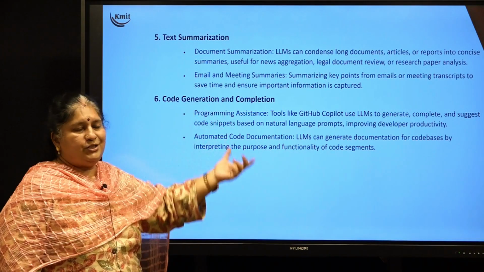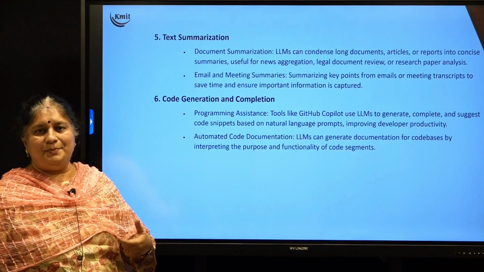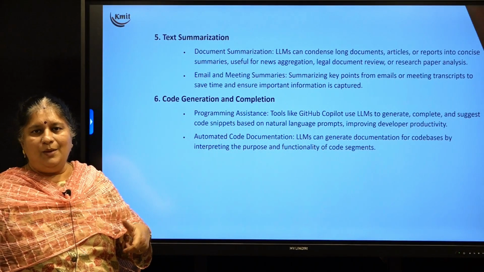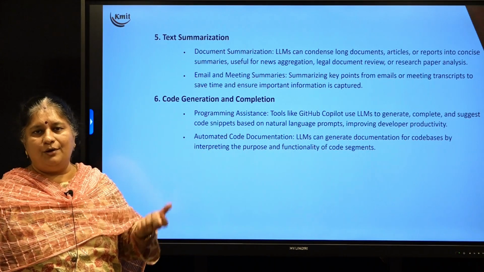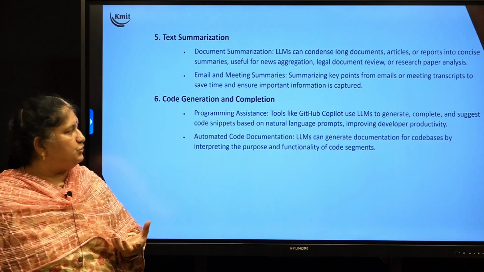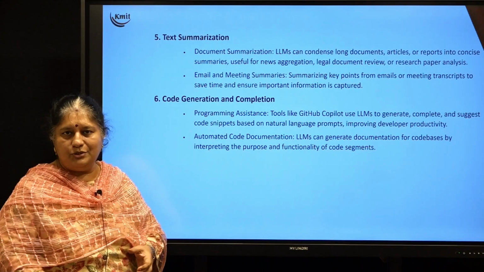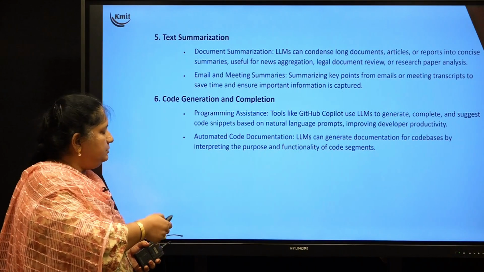Then code generation and completion. Are we using this with ChatGPT, code generation? Maybe yes. Somebody gives you a programming assignment, you can try to see what code it generates and whether it can complete the code that you wanted to generate. So you can try to work with this.